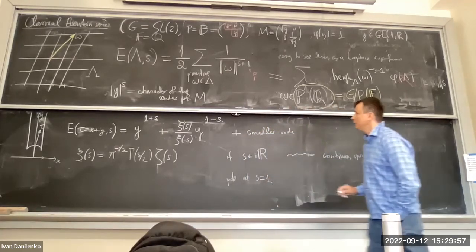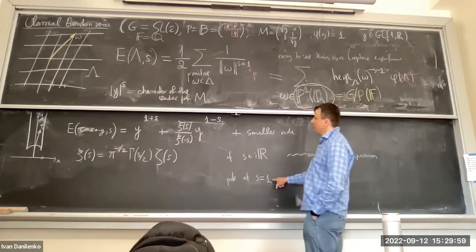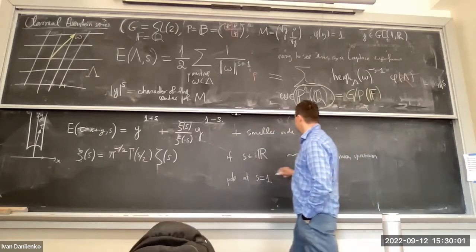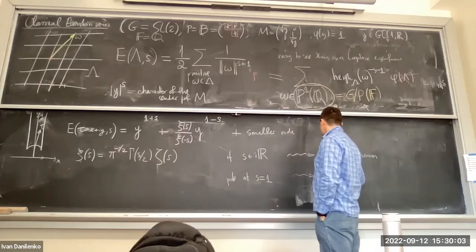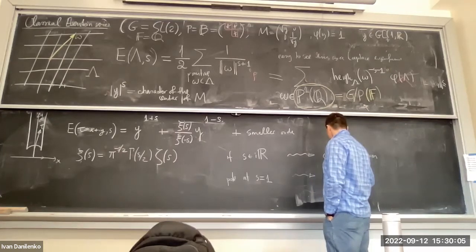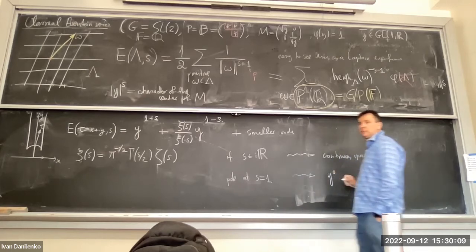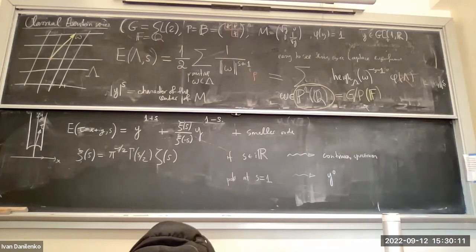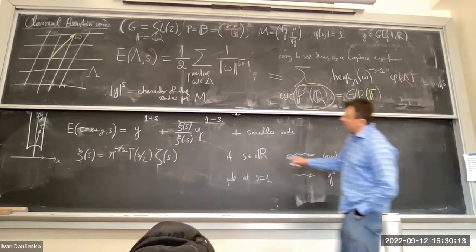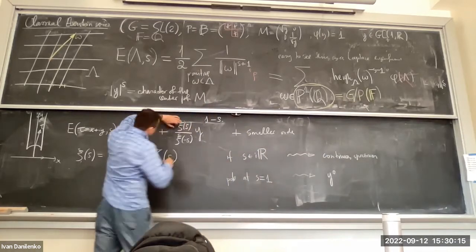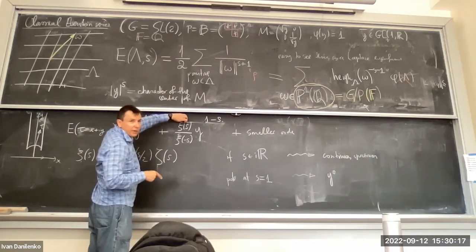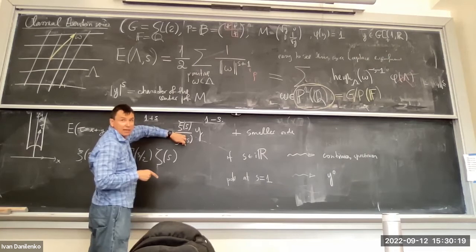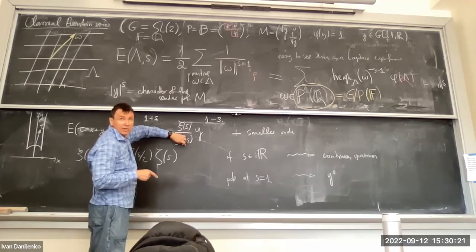So what would that be? Pole at s equals 1, then you're going to get a function which is just y to the 0. Because if you look at the pole of the function, there's the pole at 1 here, minus 1 is okay, nothing happens with minus 1.